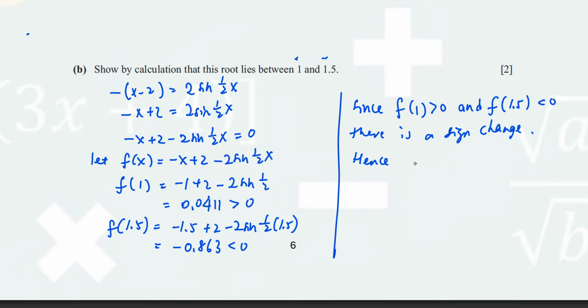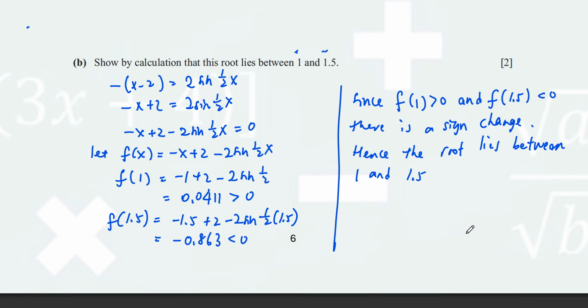Hence, the root lies between 1 and 1.5. Okay, so done for this, part B.